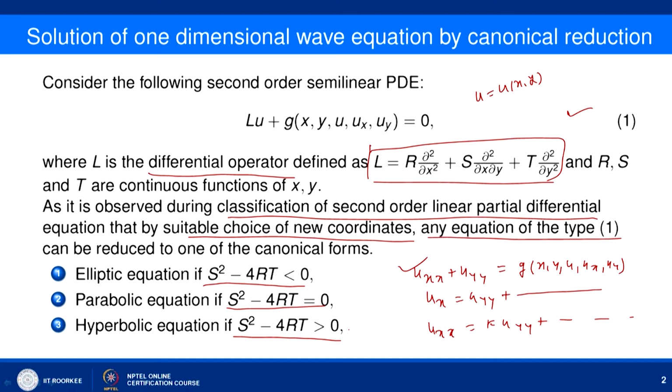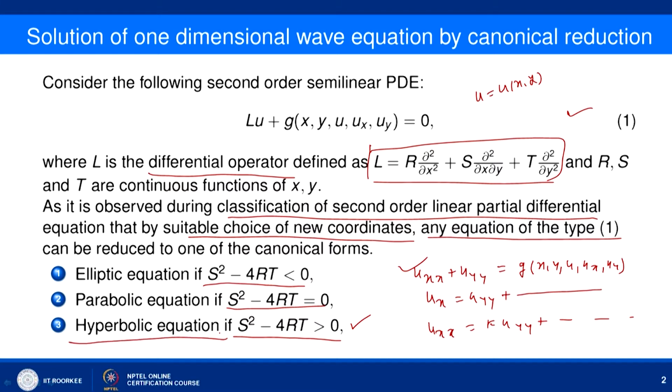With the help of characteristics we can convert equations of these types into a prototypical problem, and in this lecture we will discuss one prototype corresponding to the hyperbolic equation.